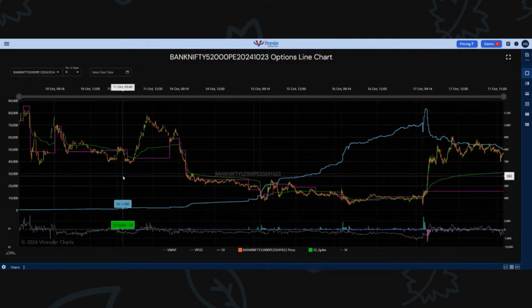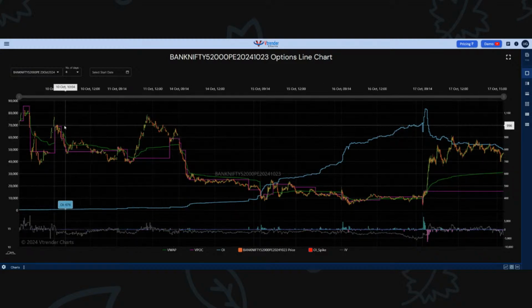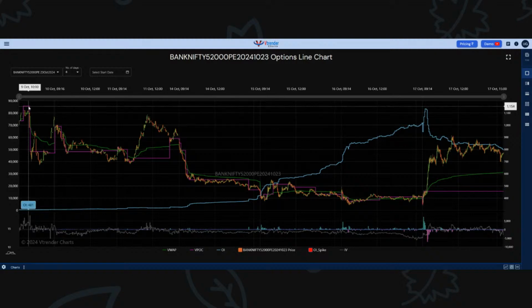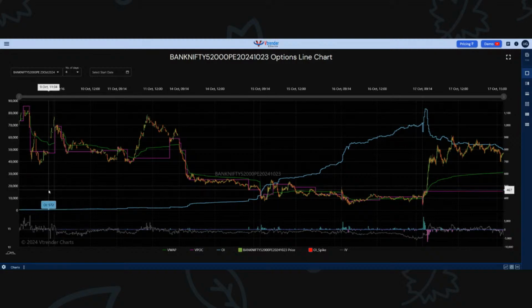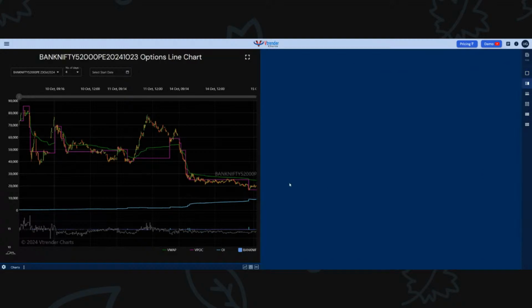And this series is still on. And for tomorrow, if we sustain above this POC, our targets would be this higher VPOC, which is at 993 and 1154. This is for the 52,000 put. So this is how we can make use of this excellent feature, the line charts as well as the order flow chart, and match it up and get some good trades.